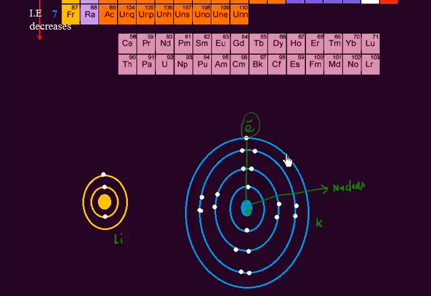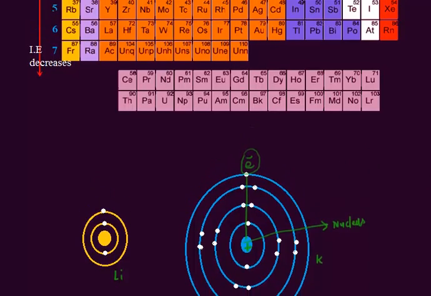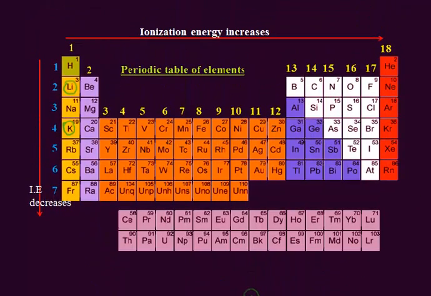Well, the same fact can be used in explaining why the ionization energy of atoms increases from left to right. Well, when we look at the atomic number from left to right in the second period, you can see that atomic numbers are 3, 4, 5, 6, 7, 8, 9, 10. The atomic number of atoms increases, but number of cells remains same.